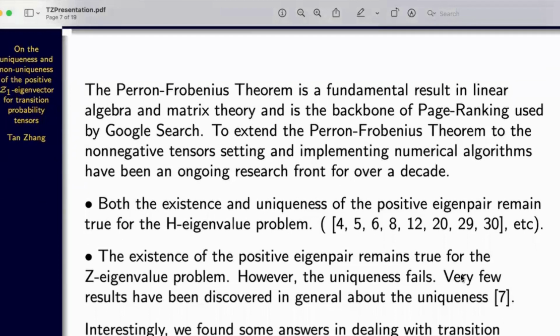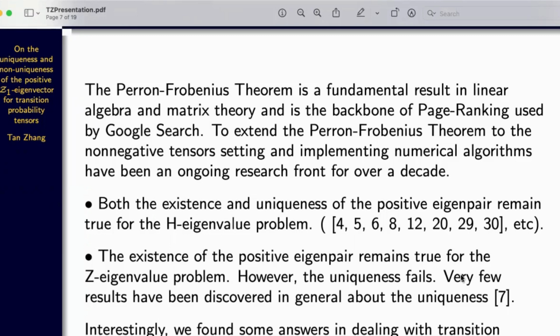I would like to highlight some of the well-established results. Both the existence and the uniqueness of the positive eigenpair remain true for the H eigenvalue problem. The existence of the positive eigenpair remains true for the Z eigenvalue problem.